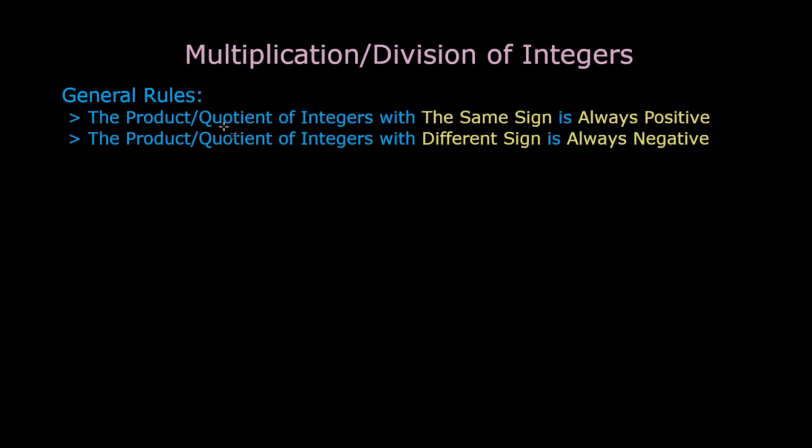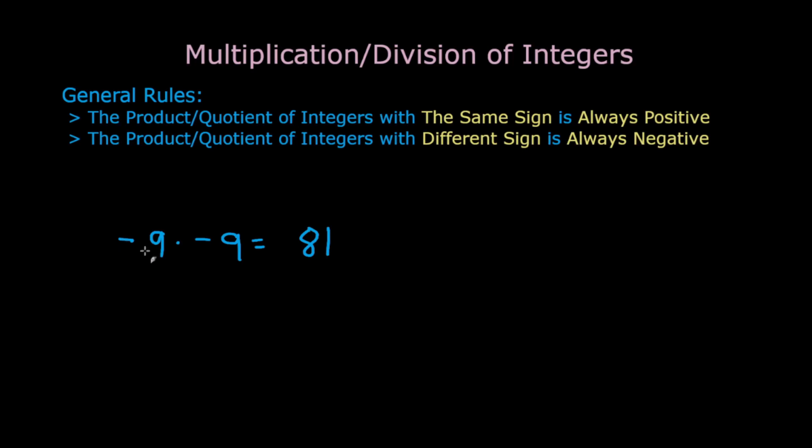The product or quotient of integers with the same sign is always positive. For example, negative 9 times negative 9. So, pag-multiply muna natin. 9 times 9 is 81. And then, ano yung magiging sign? Sabi dito, same sign, always positive. Kung kaya naman, positive 81 yung sagot.